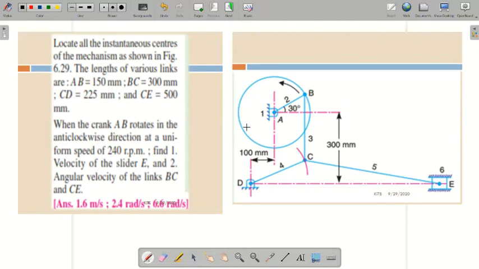First of all, you should draw this space diagram according to the dimensions. I will tell you a shortcut for how to draw this diagram. If you have an A3 drawing sheet, it will be easy.